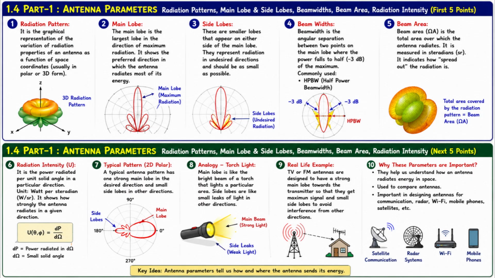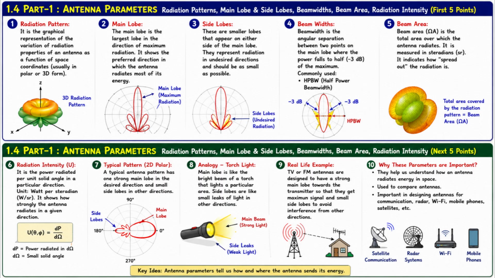The bright central light is strong, but some weak light spreads to the sides. In a similar manner, antenna sends maximum power in one direction and smaller power in other directions as side lobes, back lobes. The strongest part of the pattern is called the main lobe.